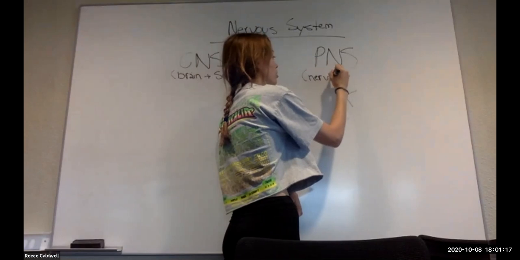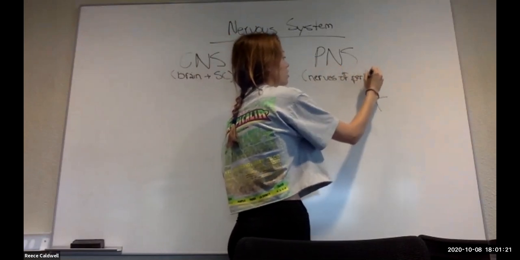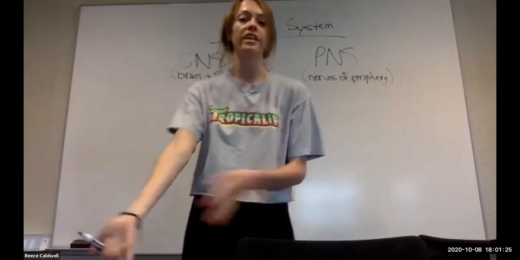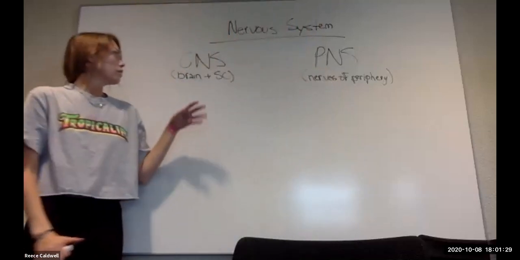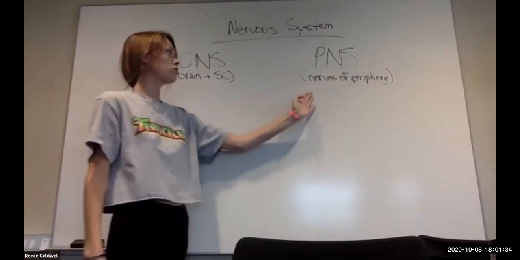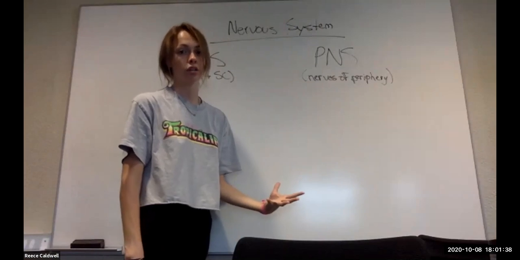So all the nerves of the periphery, away from your brain and spinal cord. The periphery is talking about the arms, the legs, the hips, stuff like that. So the central nervous system is your brain and spinal cord. The peripheral nervous system is all the nerves branching off of the brain and spinal cord.